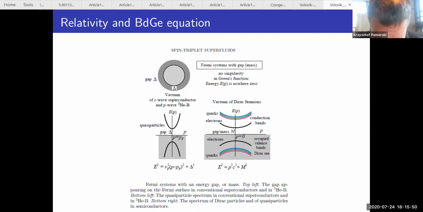And then there is this kinetic term. In the case of superfluid, it's in such a form, and there is p square here, right? So basically, this gap is like the mass of a particle.